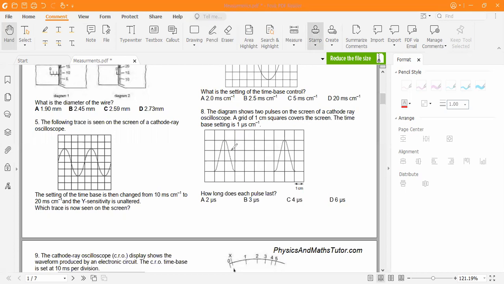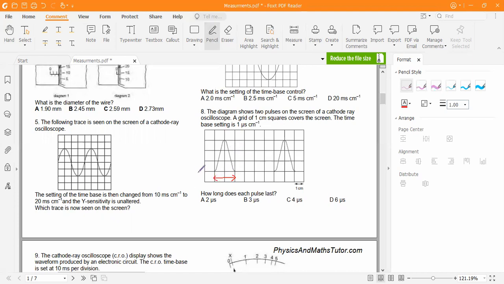They're asking how long does each pulse last. How will you find this? This is very similar to the last one we did. From there to there, it is 2 blocks.